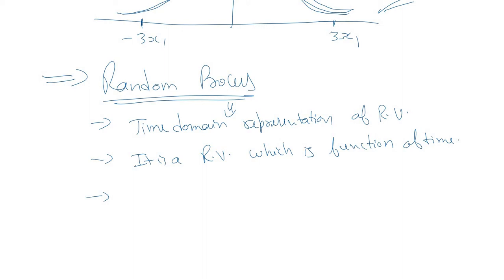I'll repeat this concept once again. Whenever we go for statistical analysis of any communication system, the characterization of random signals like random noise is a big challenge, because these random signals are functions of time.